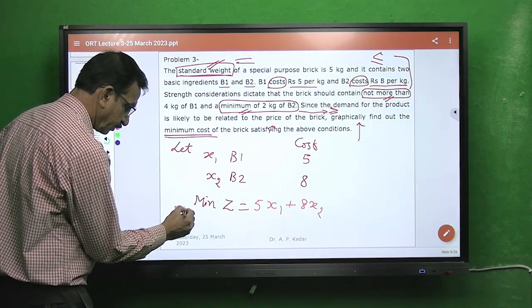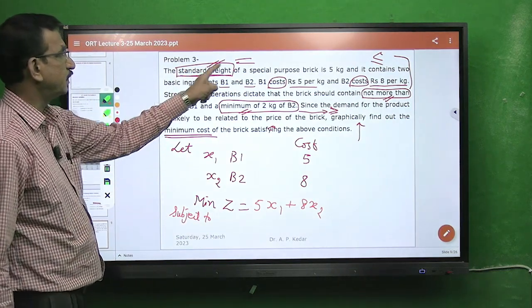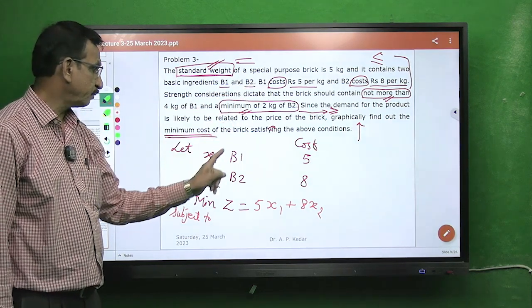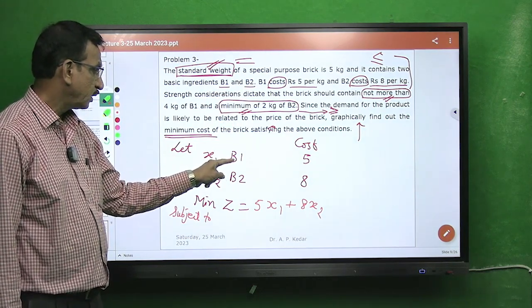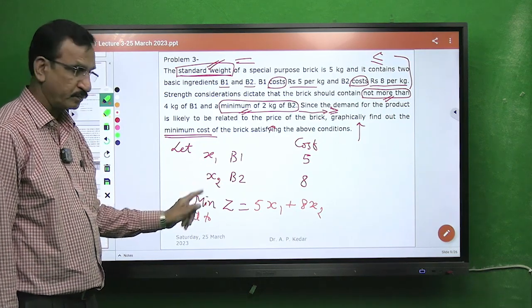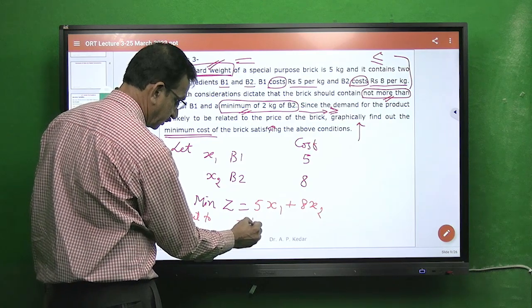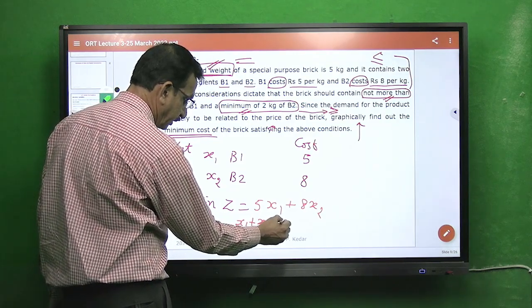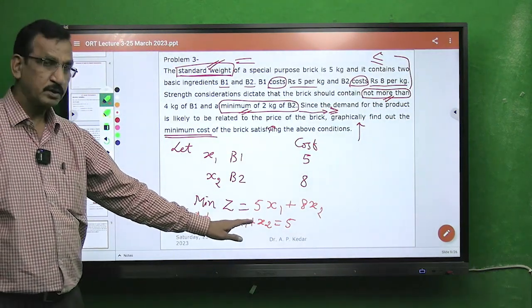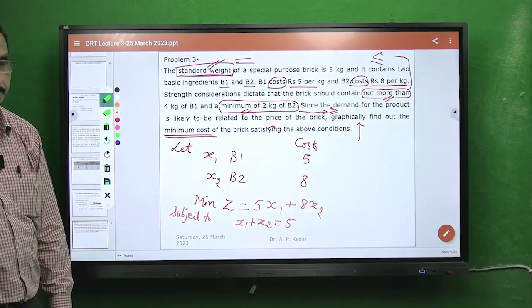Subject to: see here, the standard weight of the special purpose brick is 5 kg and the brick is made up of two constituents B1 and B2, of which we are assuming x1 and x2. So first, it will be x1 plus x2, and for standard weight the condition will be equal to 5. The first equation is for this sentence. Clear?